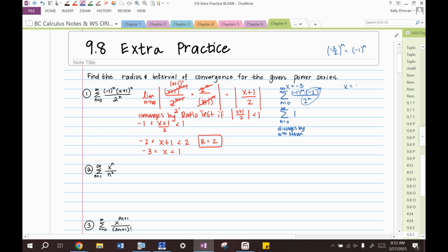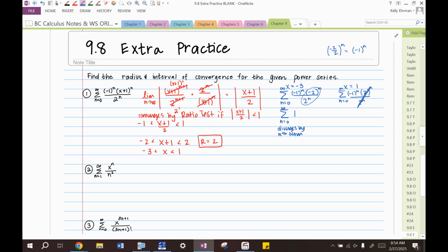Check the other side. Just because you don't include one side doesn't mean that the other side gets excluded as well. So if we plug 1 into this expression, we already have a negative 1 to the n. That would make 1 plus 1 is 2 to the n over the 2 to the n that's already in there. So those divide out to 1. And even though this is alternating, the terms are just going to keep going plus 1, minus 1, plus 1, minus 1. So you'll never get a finite sum.